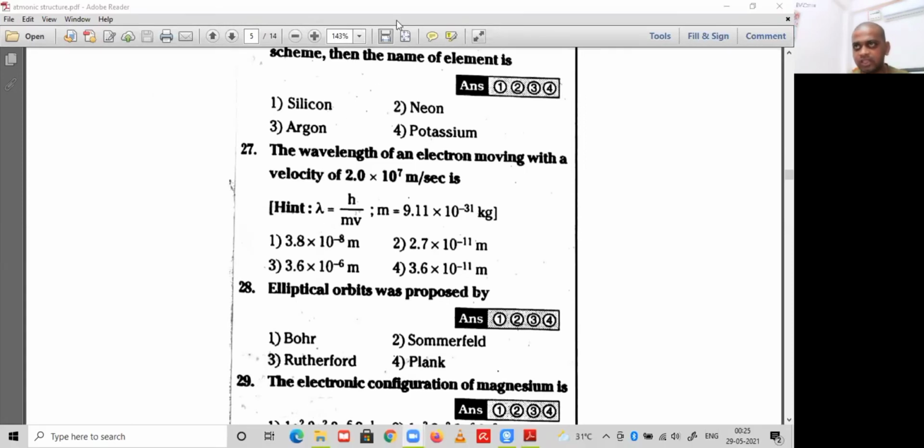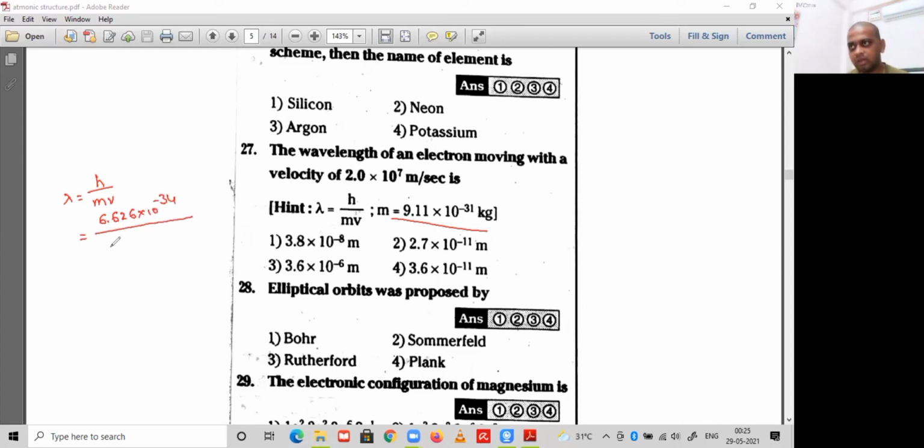Now the question is: calculate the wavelength of the electron having the velocity 2 into 10 to the power of 7 meters per second, and the value of m is given as 9.11. As per the de Broglie equation, the wavelength lambda is equal to h by m into v. The h value is fixed: 6.626 into 10 to the power of minus 34 joule second.